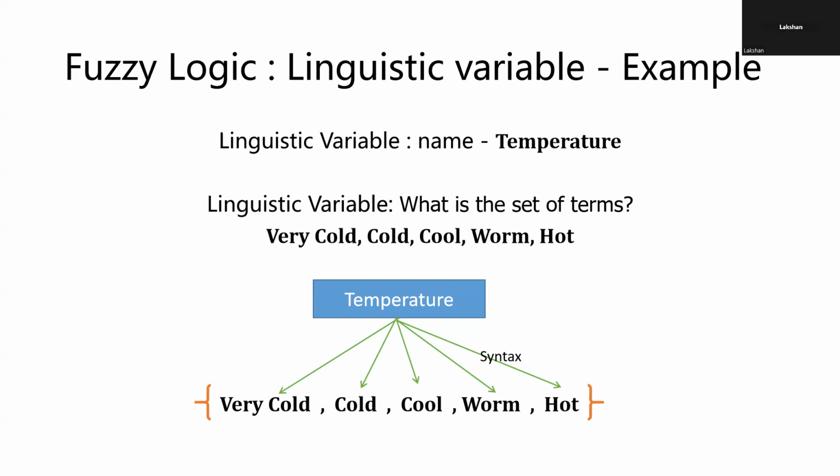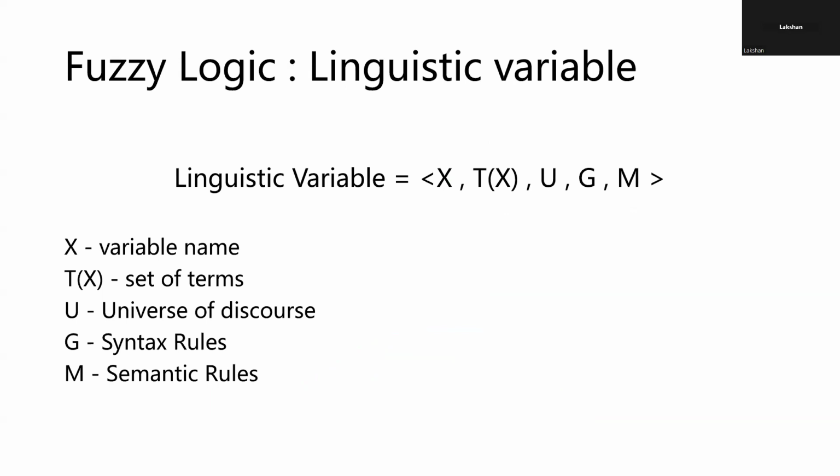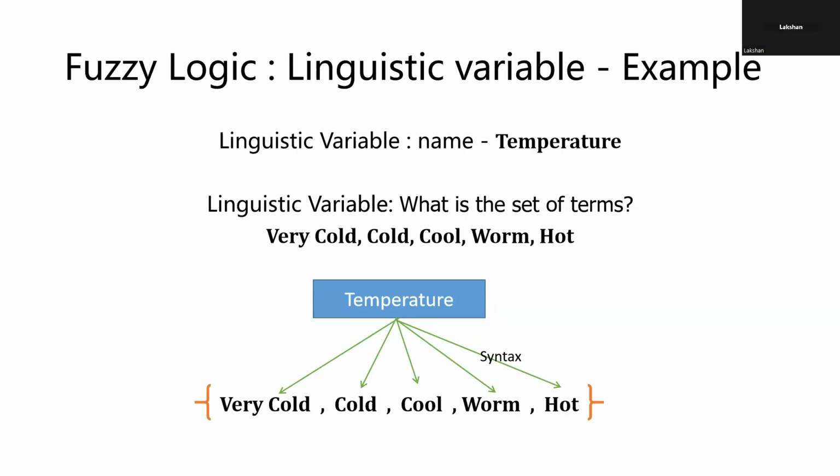There should be a connection when the temperature is changing. It should match with this set of terms. So there should be a rule. This is what we call the syntax rule. So by the syntax, the temperature matches with how it feels for us.